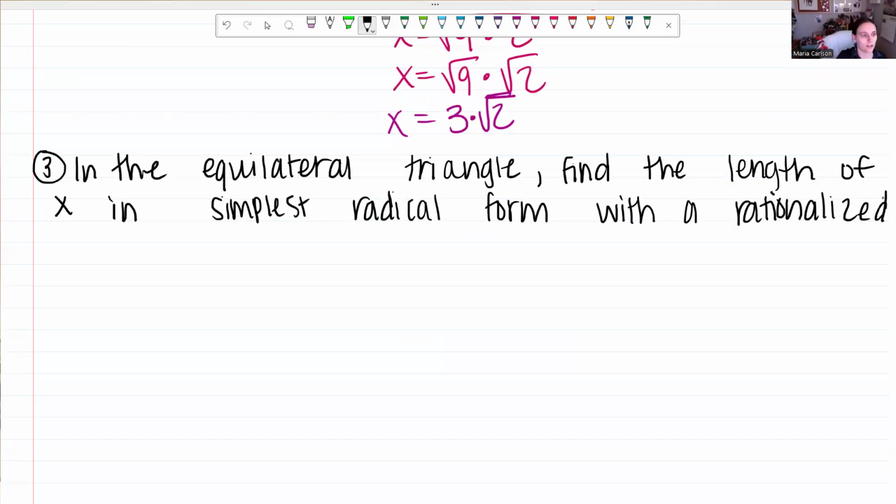I did not include that on the previous 2 problems because it did not apply. I could have written it if I wanted to. It always applies. You want to have a rationalized denominator, meaning no radicals in the bottom of a fraction.